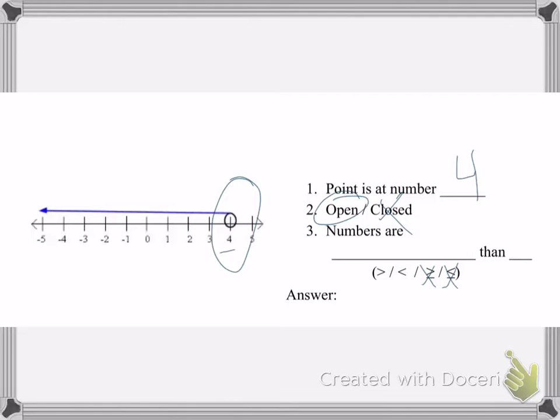If we're at 4, we're including 3, 2, 1, 0, -1, -2, -3, -4, and -5. Those numbers are all less than 4. So when we write this answer, we've got our variable x, and those numbers are not bigger than 4, they are less than 4. So x is less than 4.